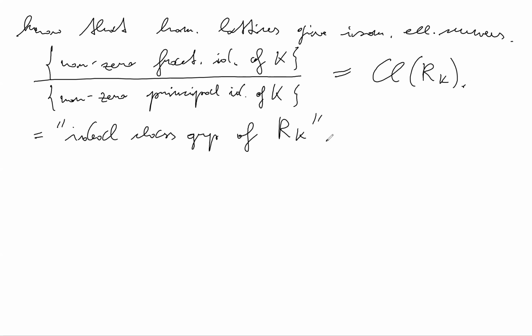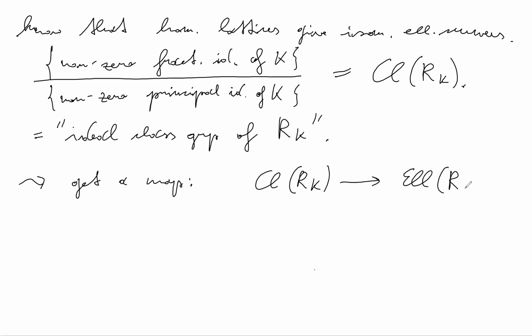That's pretty cool, because now we get a map from the ideal class group to the set of elliptic curves with complex multiplication by R_K. And the way it works is we send an ideal class, represented by the ideal A, to the elliptic curve with respect to this lattice.